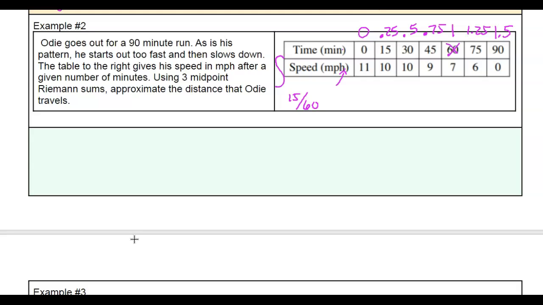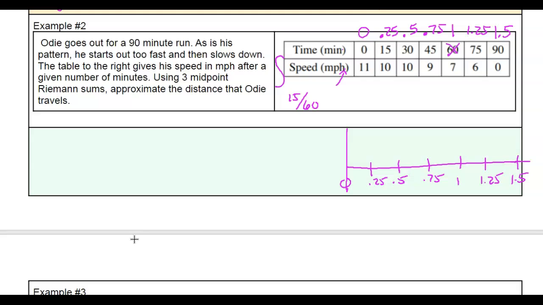And so then the next thing is out of all of this data, we need to have 3 rectangles. So 0.5, 1, 1.25, and 1.5. Okay, you could do this without a picture, but this kind of explains why I'm going to use what I do.